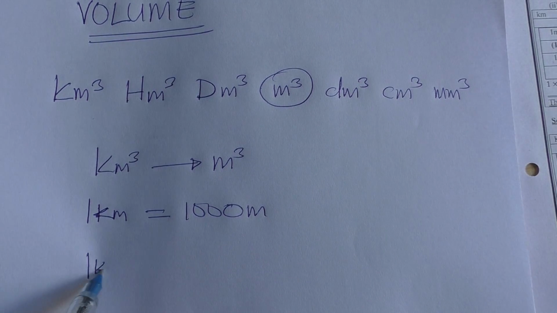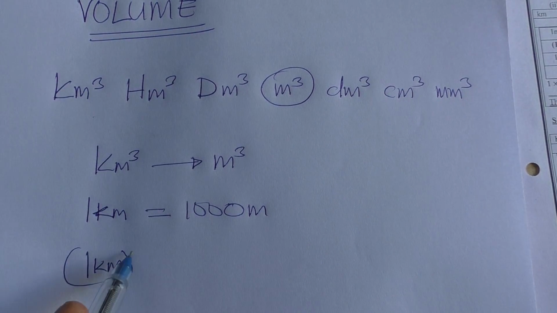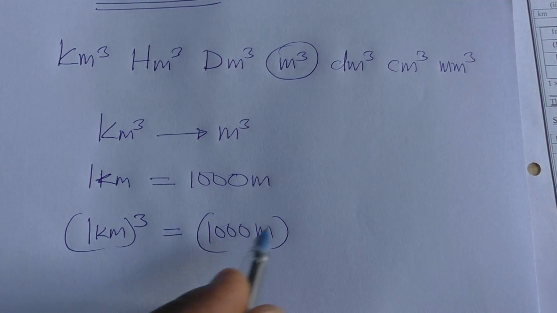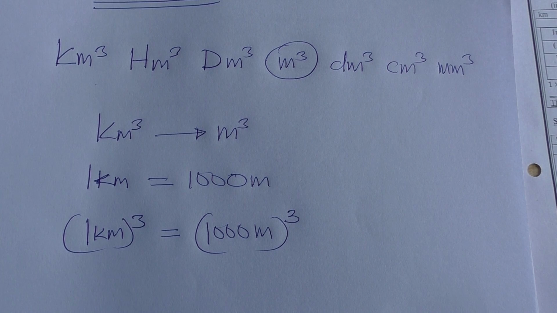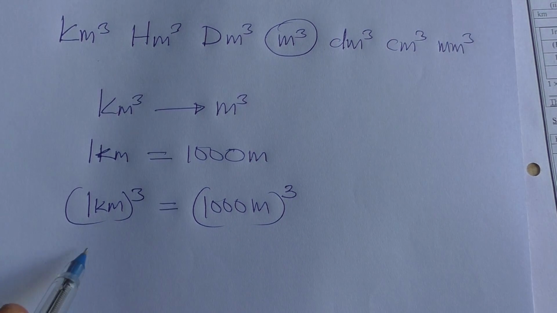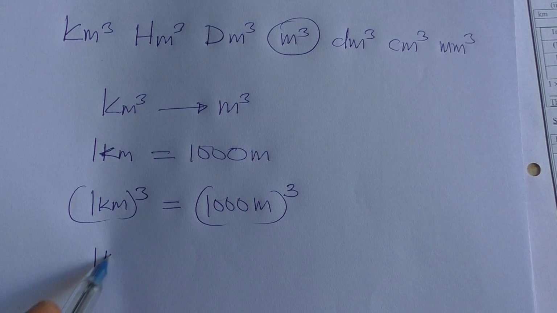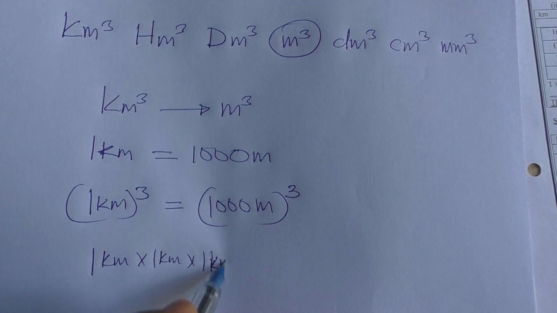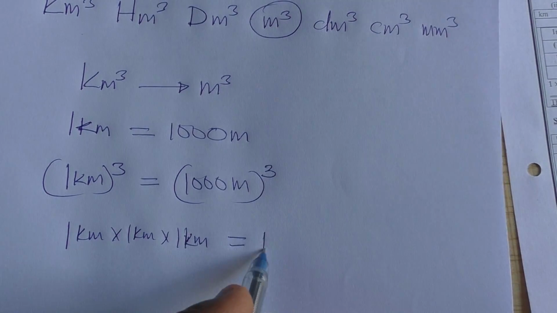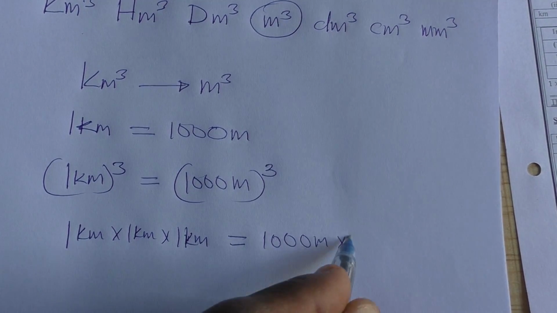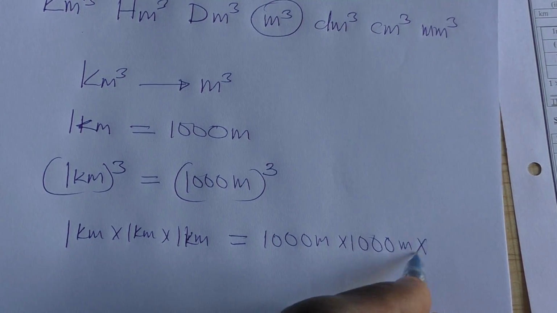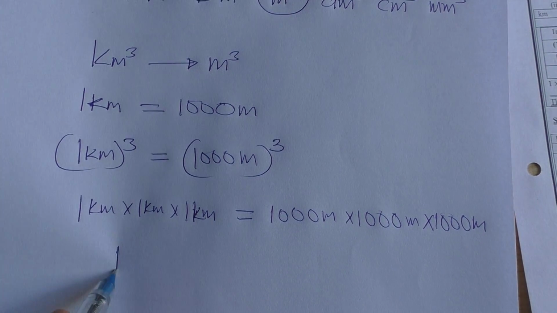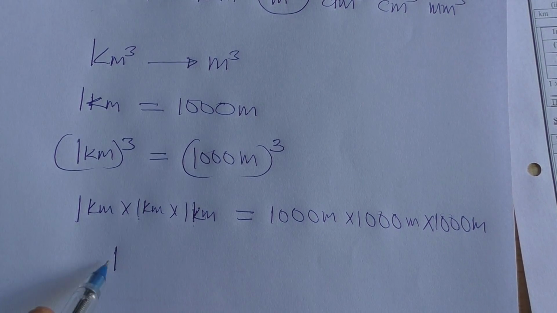Then 1 kilometer cubed will be equivalent to 1,000 meters also cubed, meaning this gives us 1 kilometer times 1 kilometer times 1 kilometer equaling 1,000 meters times 1,000 meters times 1,000 meters, hence giving us 1 times 1 times 1 is 1.